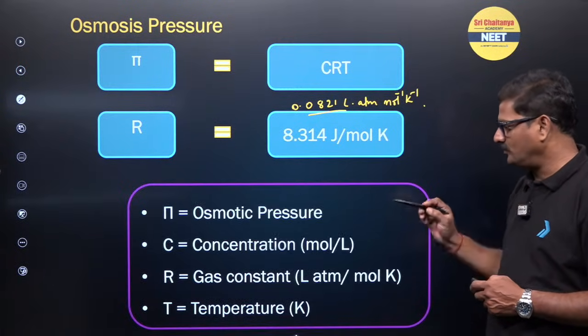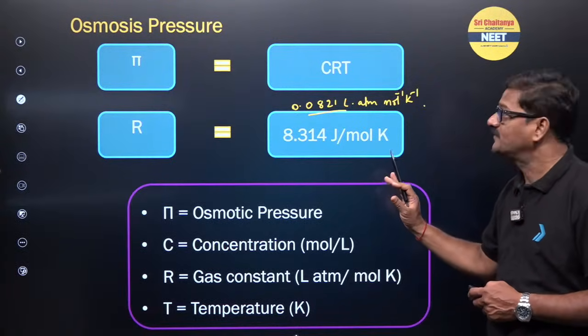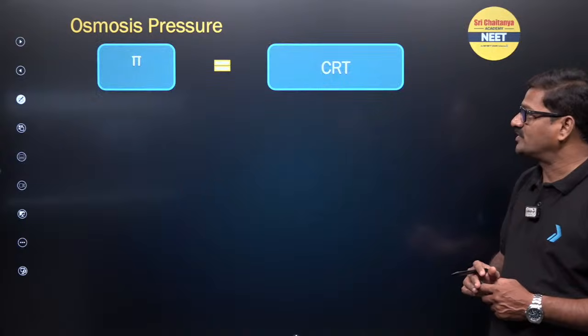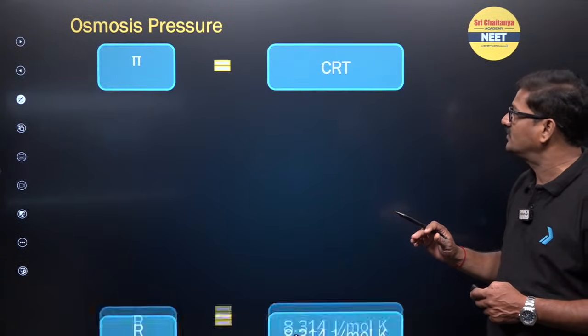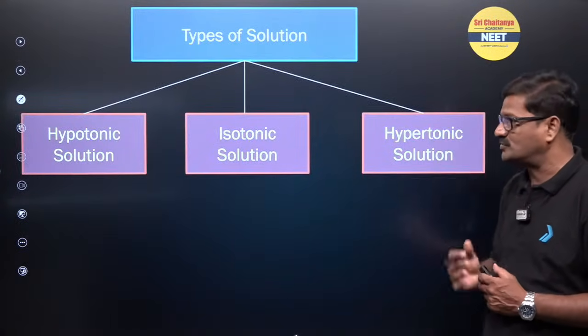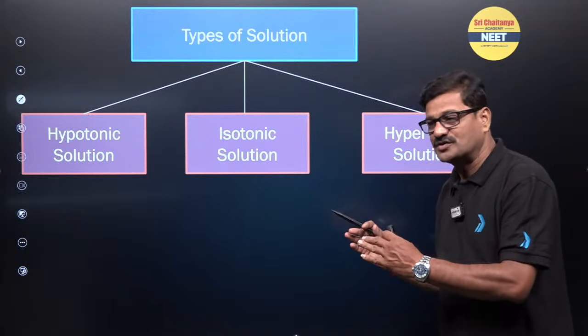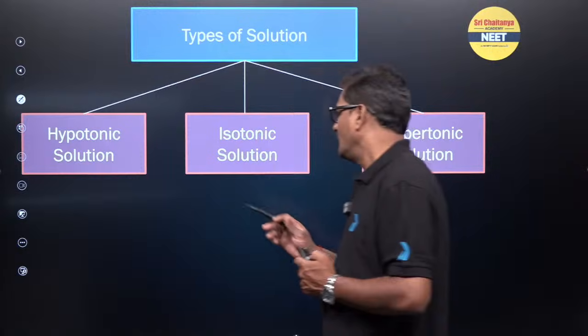And so you have various types of solutions. Osmotic pressure, pi is equal to CRT, we just had this. There are multiple types of solutions: hypotonic solution, isotonic solution and hypertonic solution.